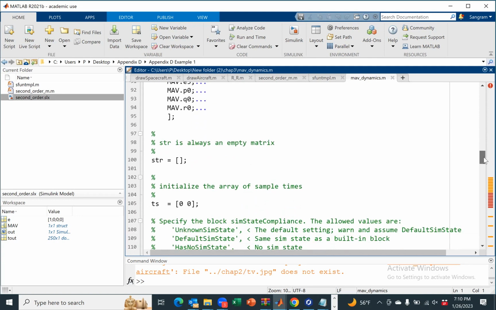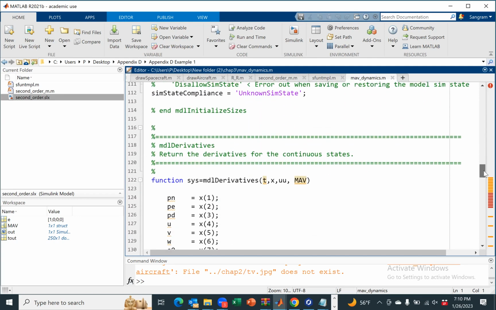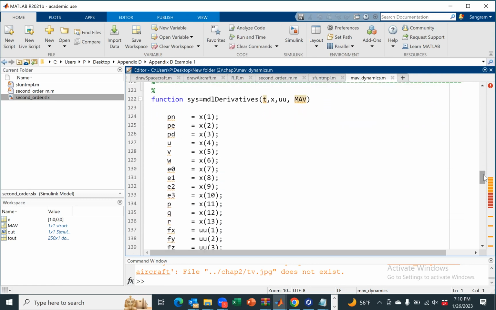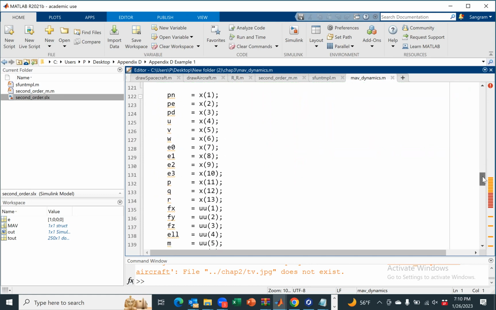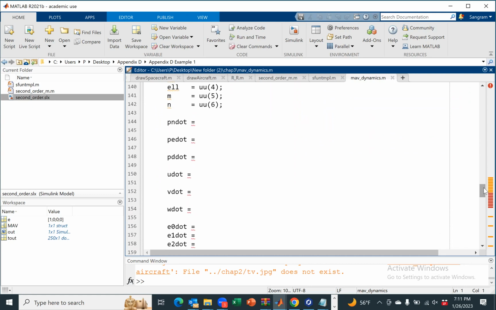Then I will have to do the initialization, simplification, and here it defines all the states. So for an example, Pn is x1, Pe is x2, all the way down here. You can go through it, and this is where you need to fill in the blanks. Pn dot is equal to what? Remember those 13 equations that we talked about? Those 13 equations you have to type in here.